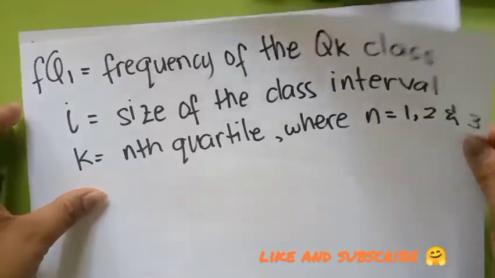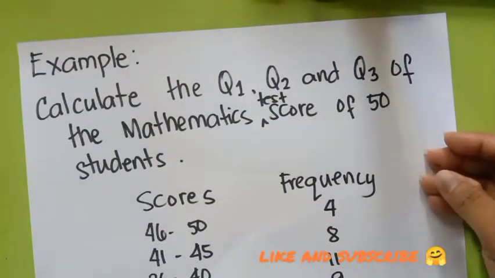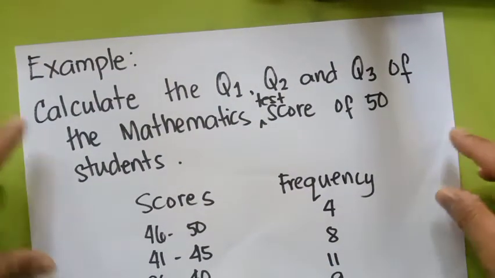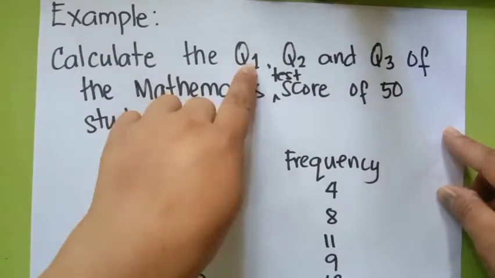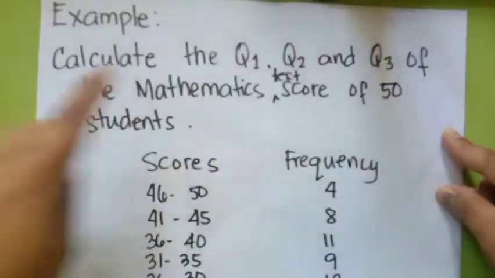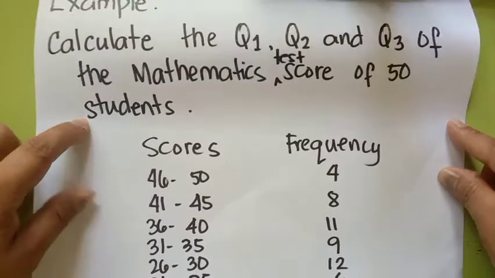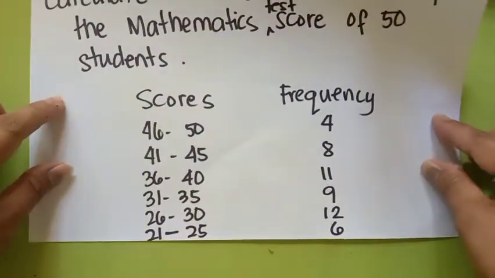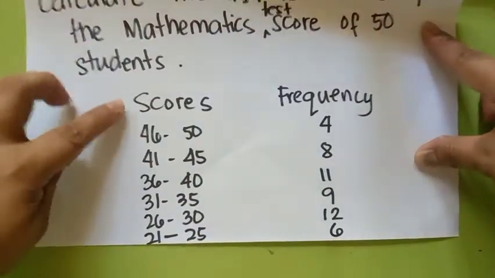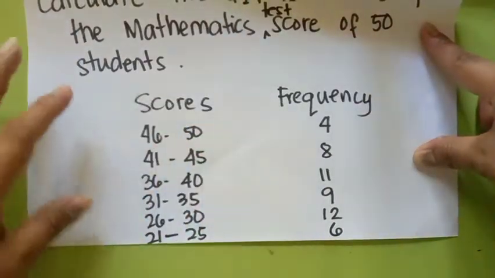Okay, so let's have an example. Let us calculate the quartile 1, quartile 2, and quartile 3 of the mathematics test scores of 50 students. Kung mapapansin nyo, the distribution are arranged into tables na.